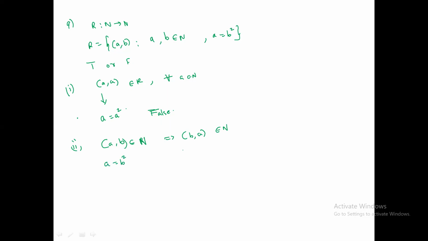And if (b, a) belongs, b equals a square. So this is not happening. Both cannot happen at the same time. So this is also false.